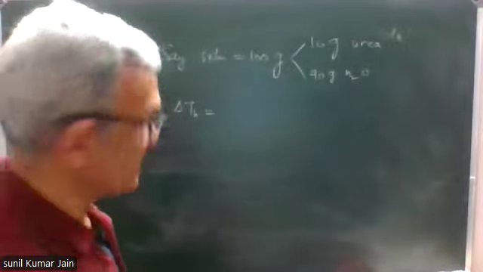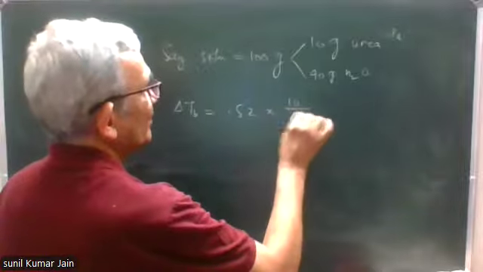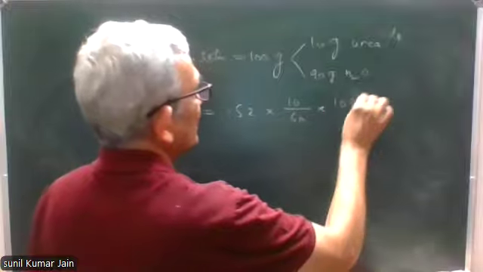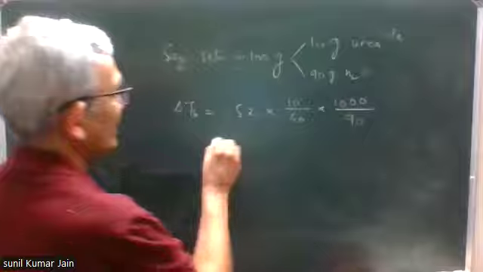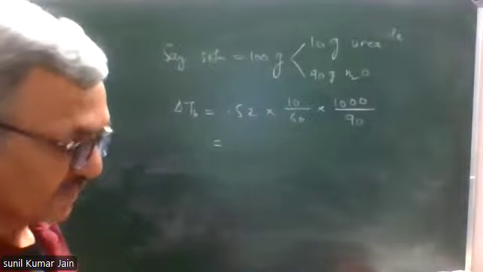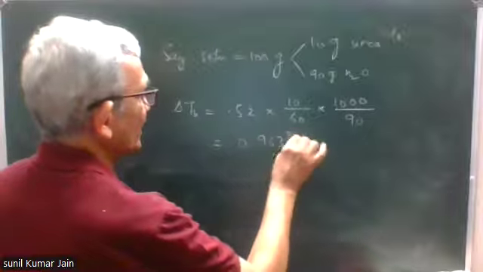Elevation will be Kb, which is 0.52, into 10 divided by molecular weight, into 1000 divided by weight of solvent 90. When you calculate, this will come out to 0.963.